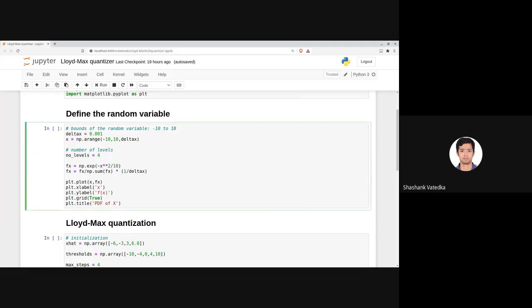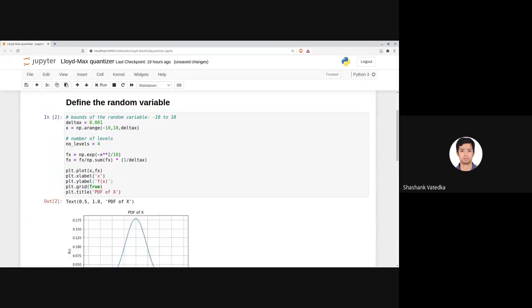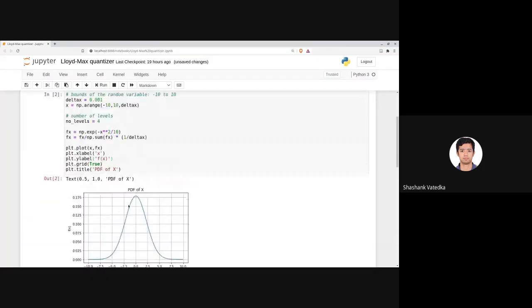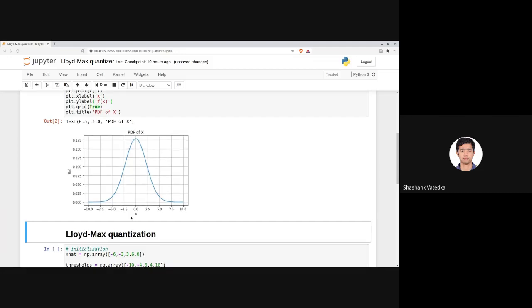Right, so the variance is 5. So this is what the distribution would look like. This is not exactly a Gaussian because I'm truncating it to lie between -10 and 10. But anyway, it's close to being a Gaussian. All right, so this is the PDF.